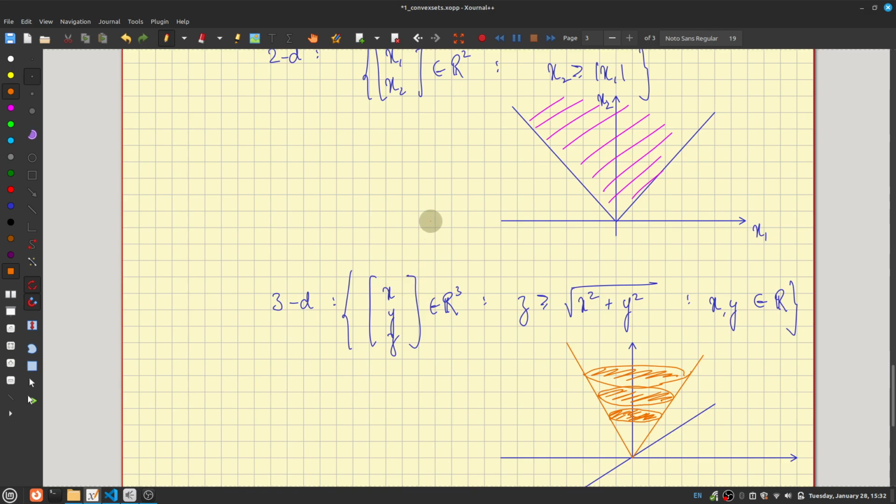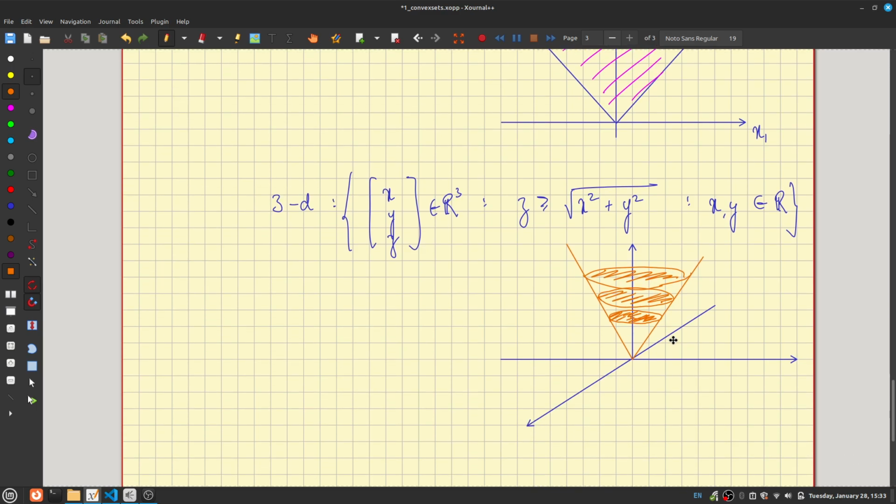We don't know whether this is a cone or not yet. Geometrically, when you think of a cone, this is the first thing that comes into our mind, right? So is this actually a cone according to our definition?